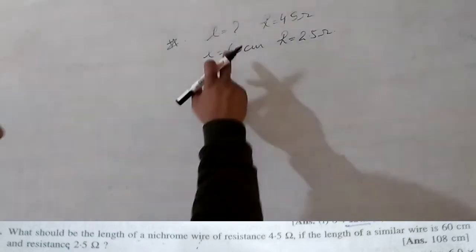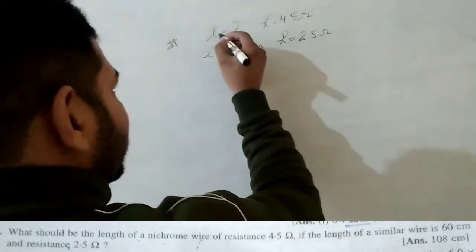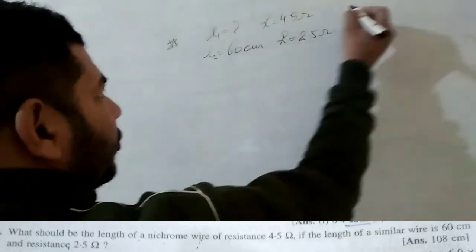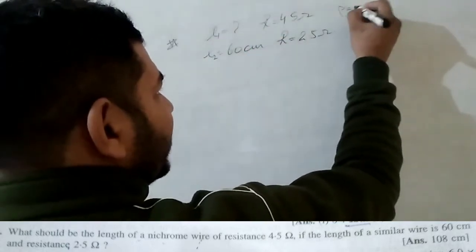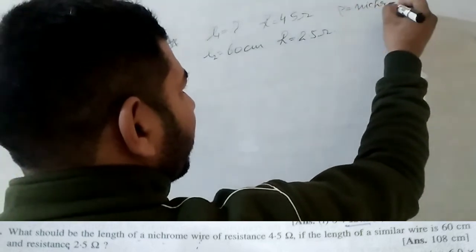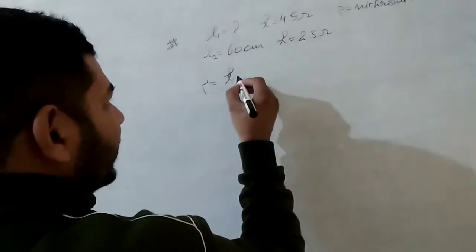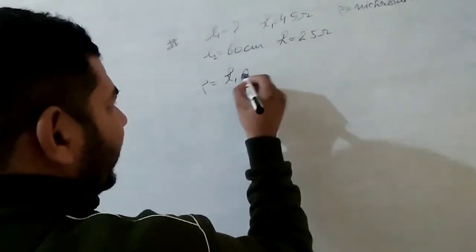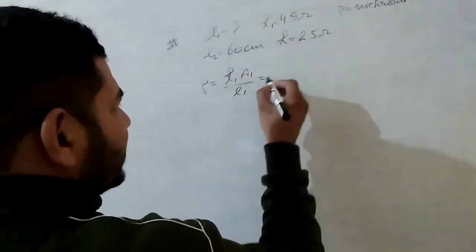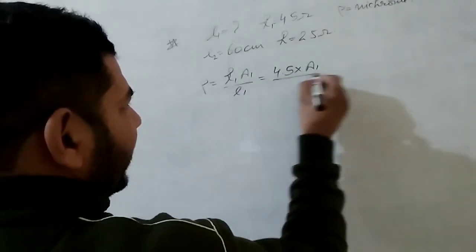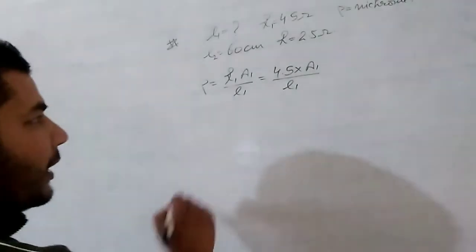So students, here we are getting two equations, that is L1 and L2. For this we are getting rho the same. Rho is the same for nichrome wire. So rho is equal to R1 A1 by L1, that is R1 is 4.5 into A1, the area, and L1 we don't know.